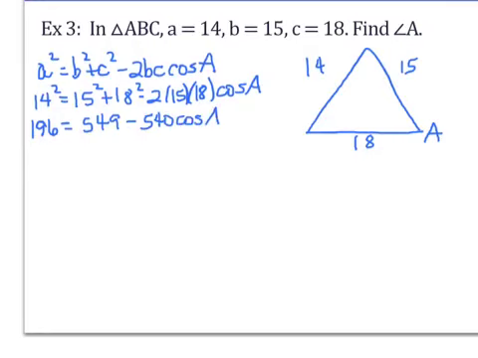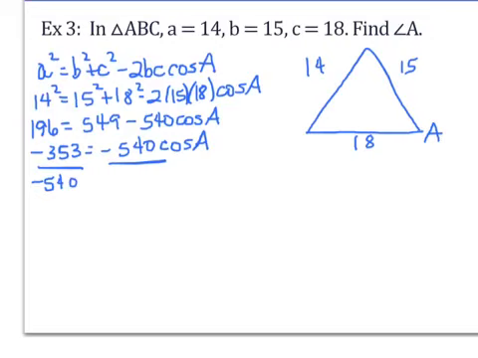Now remember, 540 is multiplied to cosine A, so you cannot subtract 540 and 549, but you can subtract 549 from the other side, so that will give me 353. Like that. And you can also divide by negative 540 on both sides. So that will cancel there, and the negatives cancel.